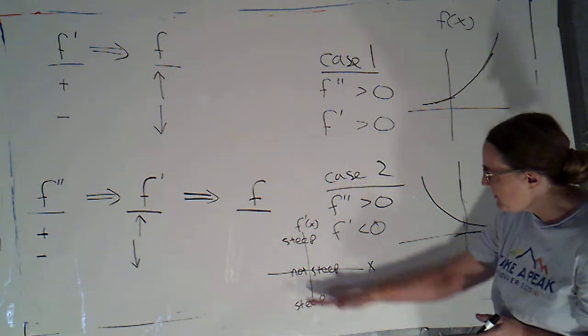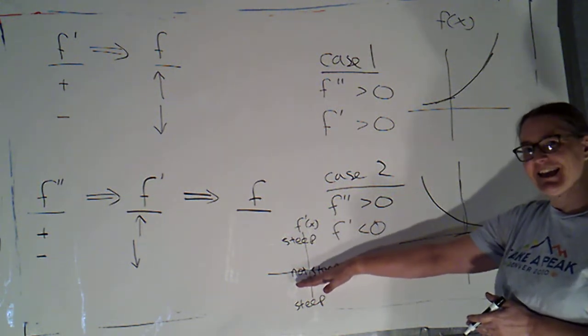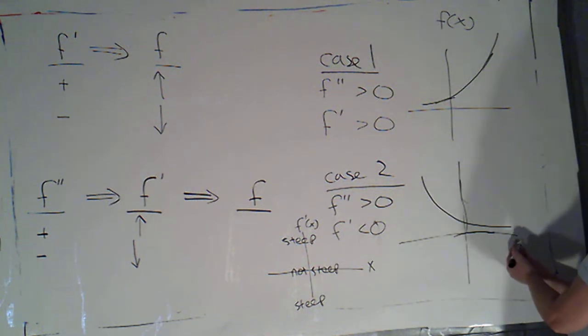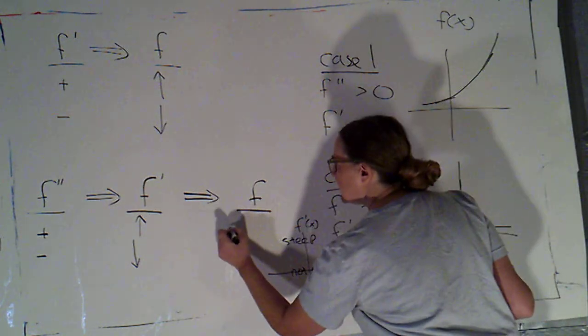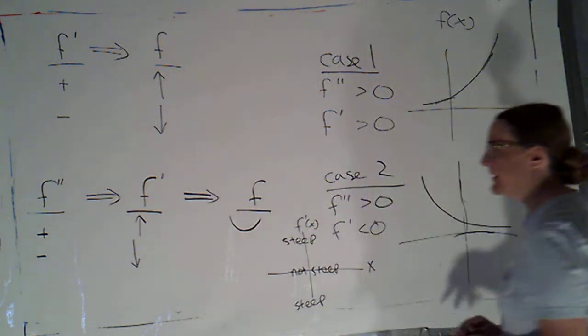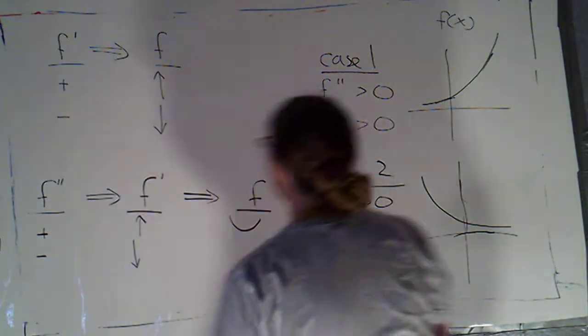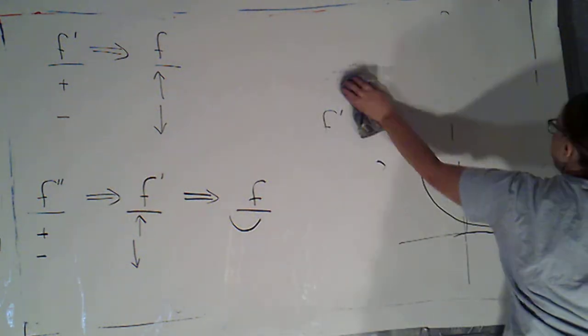But if f prime is negative and increasing, it's moving away from the steep zone, so it's getting less steep. So our graph would look like this. Now, if I put those two pieces together, I get this smiley face-like thing. We say that when we have a shape like that, we call that concave up.